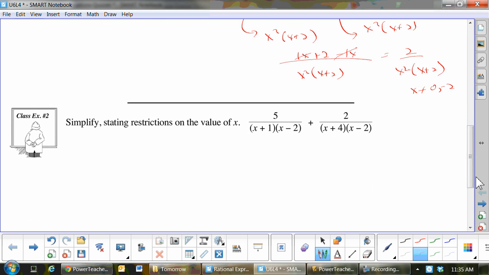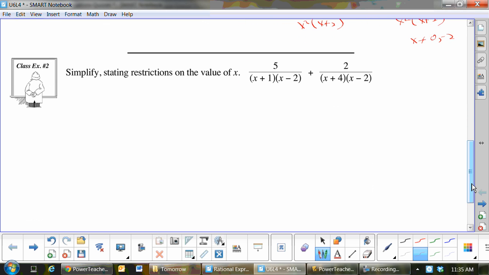Now, do you know how that one question with the x, the 2x, the 3x, and the 4x, x was all common? So you can just put 1x. Now look up here: x plus 1 times x minus 2, and x plus 4 times x minus 2. What would be a common denominator?